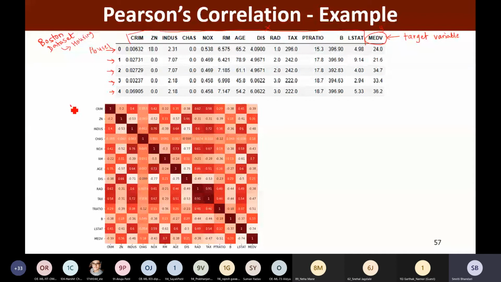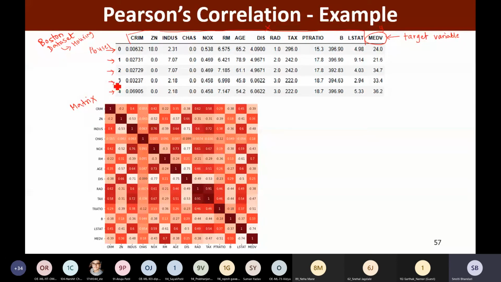So just look at this matrix. This is a matrix that has been computed, and it denotes the Pearson correlation coefficient between every pair of variables, right?